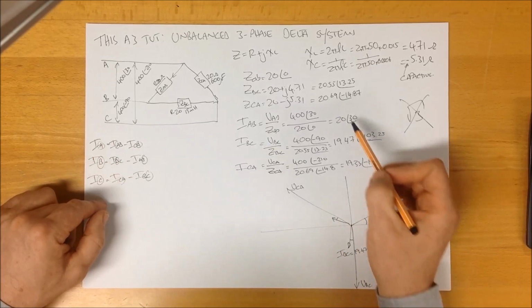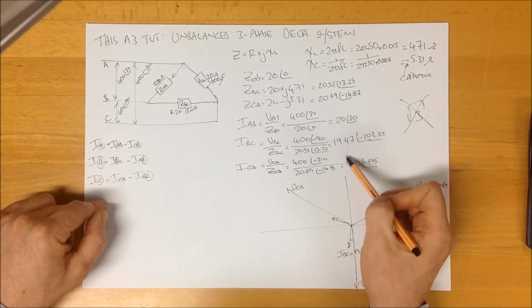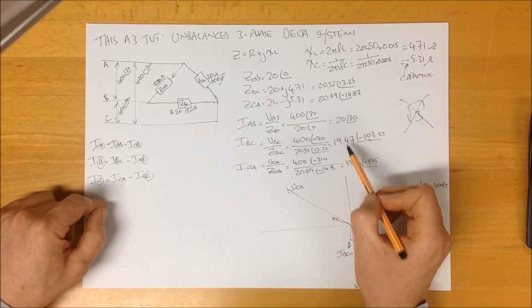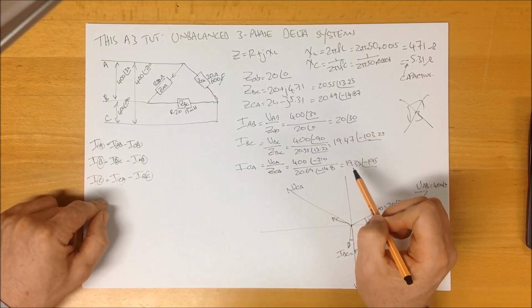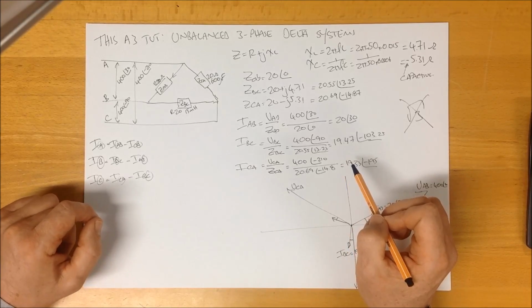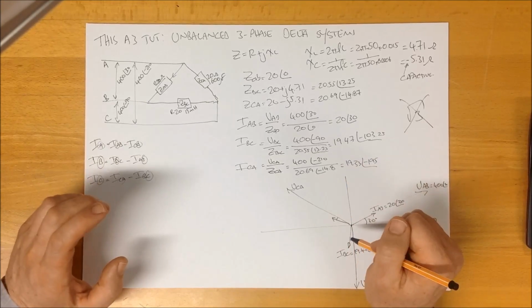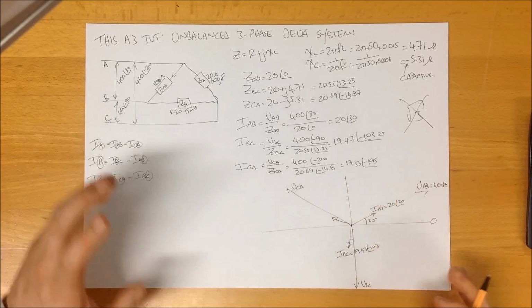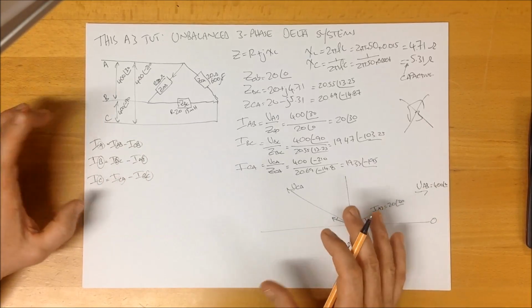We know what these currents are in polar form. In order to subtract one from the other, we need to do a rectangular-polar conversion to do our subtraction and then convert it back again. That's the subject of another tutorial, so I'm not going to do it here.